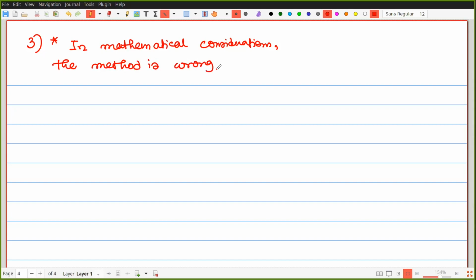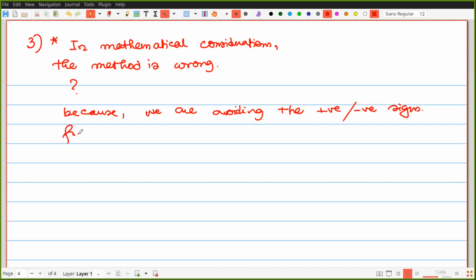Why? Because we are avoiding the positive or negative signs for the variations and using the absolute value.